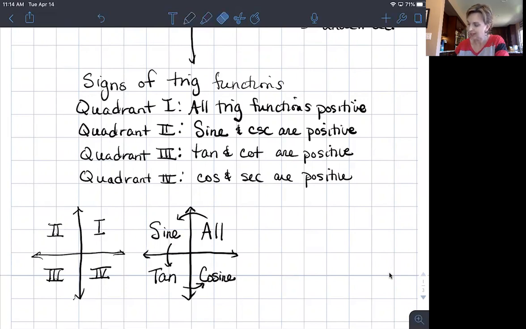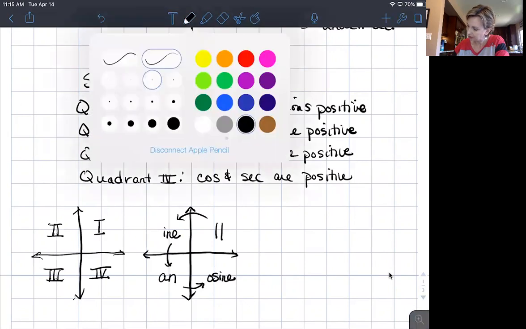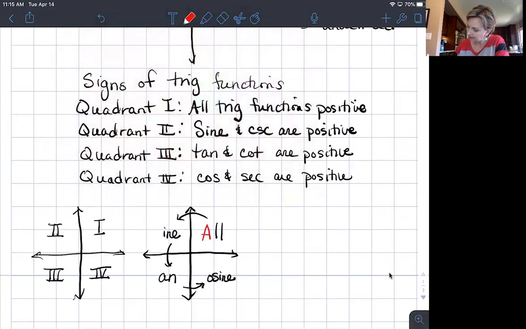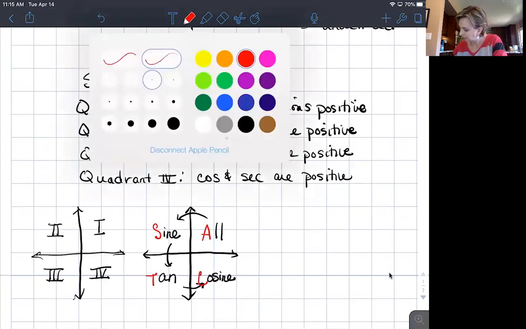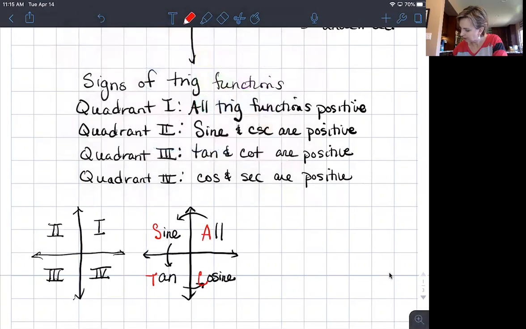Now, to help us remember what's positive in what quadrant, we can just look at these first letters. We get A, S, T, and C. So we have a little phrase to help us remember what's positive in which quadrant.